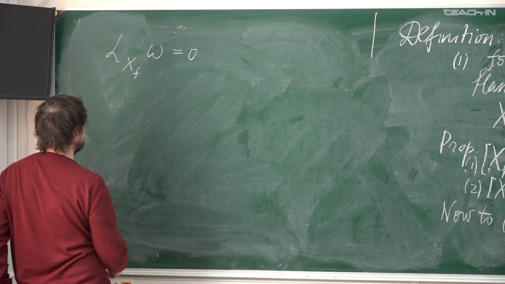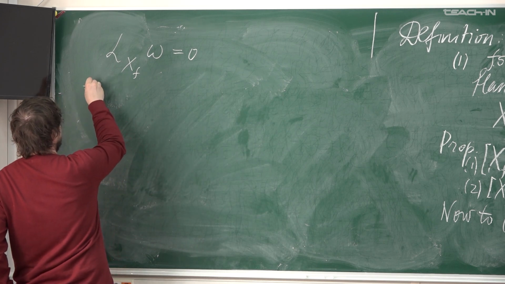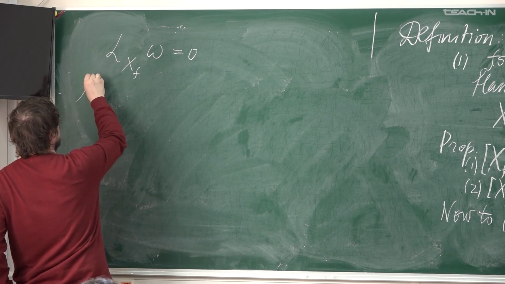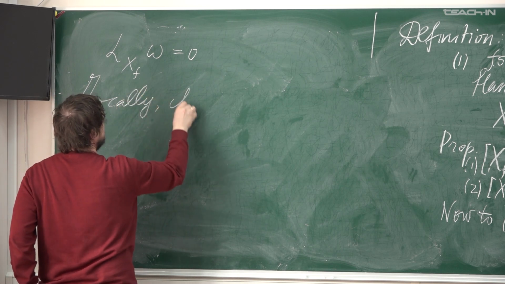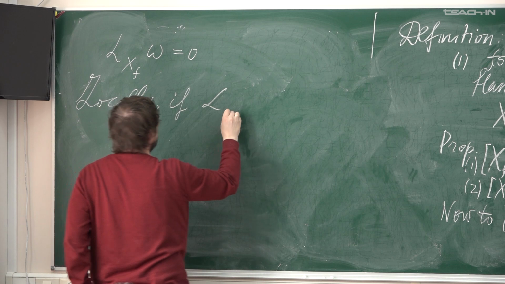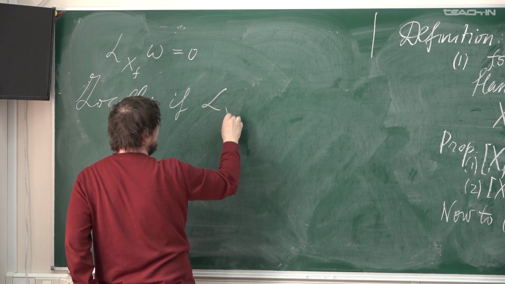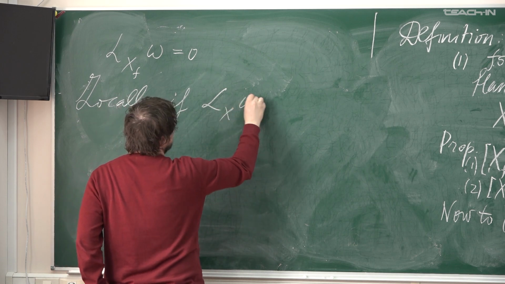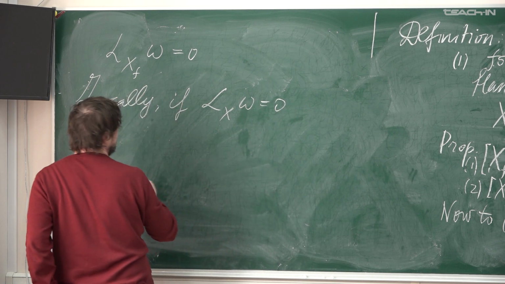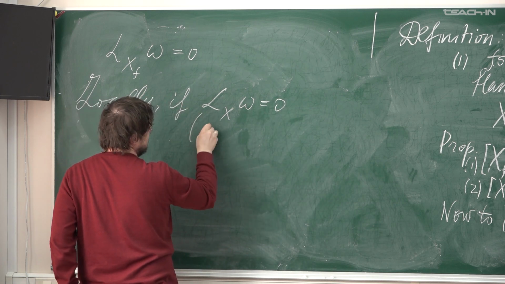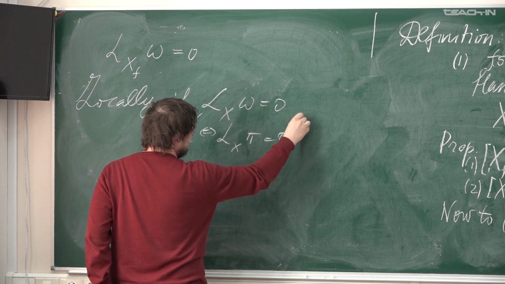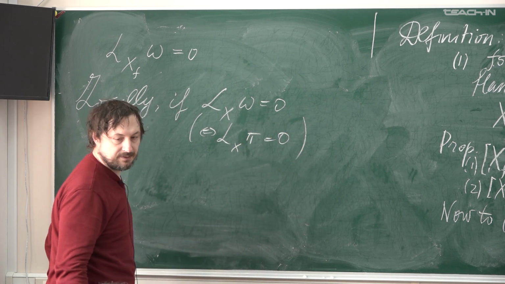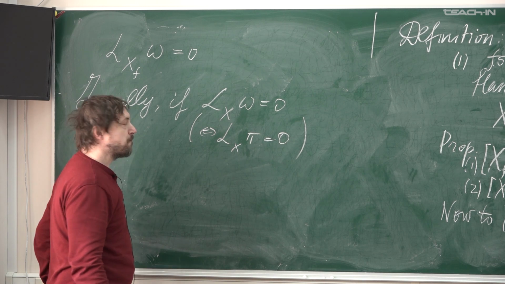And in the symplectic case, as you know, locally, if we have the equation L_X of omega equal to 0, which is the same, of course, as L_X of pi equal to 0, because pi is just the inverse of omega, right?